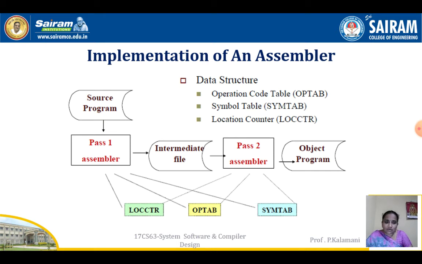One thing you should keep in mind is that there is only one header record and one end record, because these are mainly useful to represent the starting address of the program, which is specified in the header record, and the address of the first instruction to be executed, which is specified in the end record. But there may be more than one text record and more than one modification record. That depends on the program.